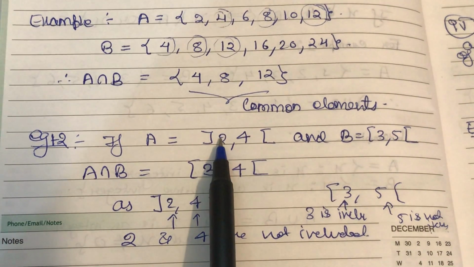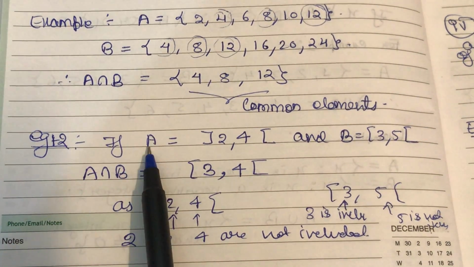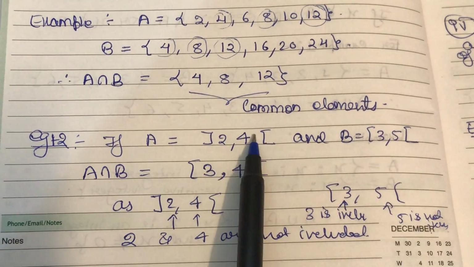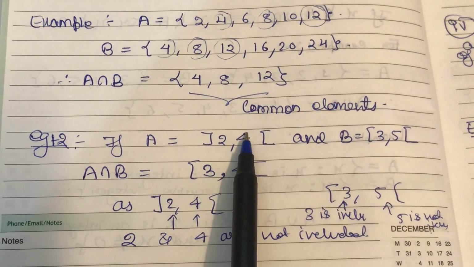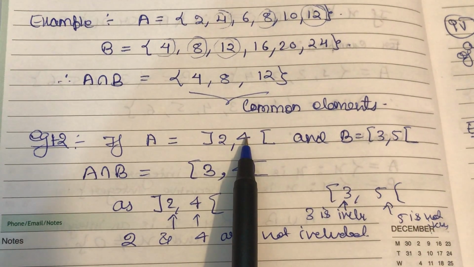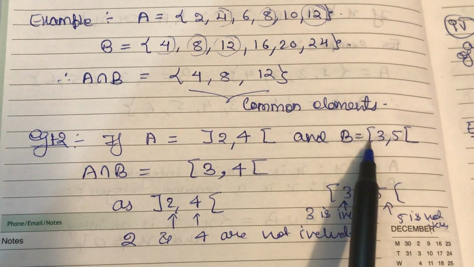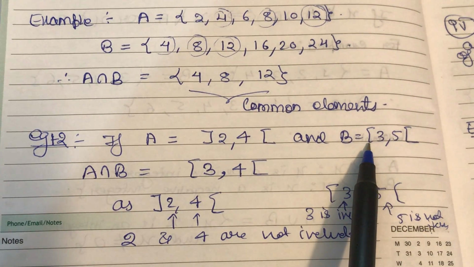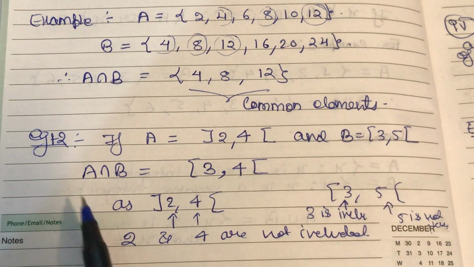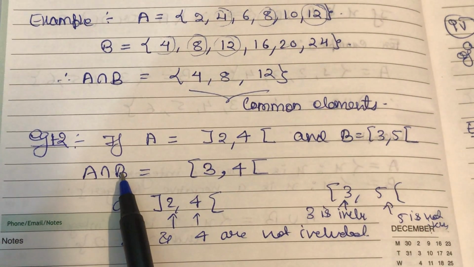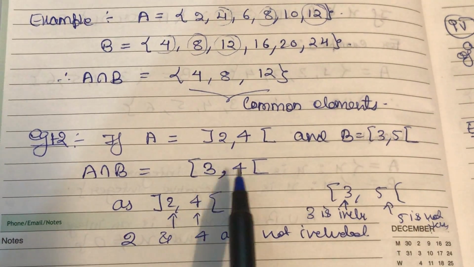That means all the numbers greater than 2 but lesser than 4. And here 3 is included, but 5 is not included, right? So here A intersection B will be what? 3 and 4.